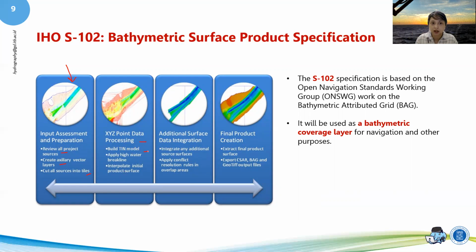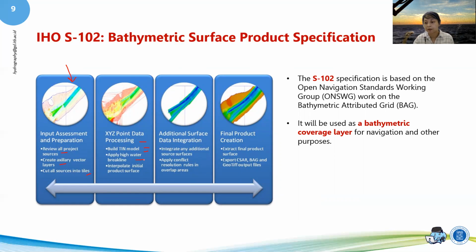You want to build your surface model, as we have done in practical H6. And then you want to have a high water break line. For example, if you want to cut your zero, because normally we already assign where our zero is, but if we want to make it different, then we can just calculate again.